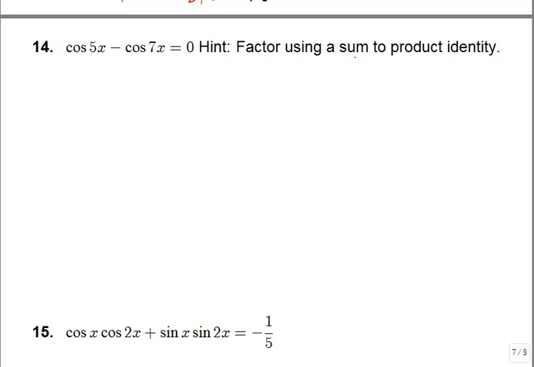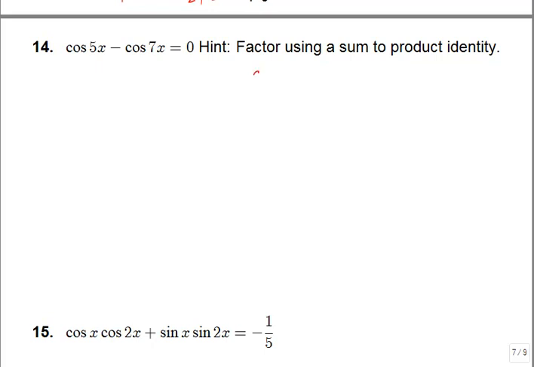And so this is where this hint comes into play. The only really good way to deal with this problem is to turn this difference into a product, using one of those sum to product identities. These are not identities that I would expect you to have memorized. I would give it to you on a test.